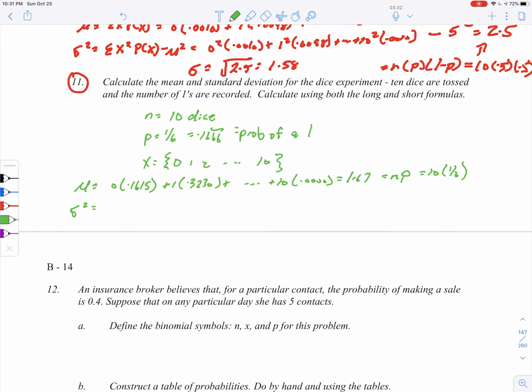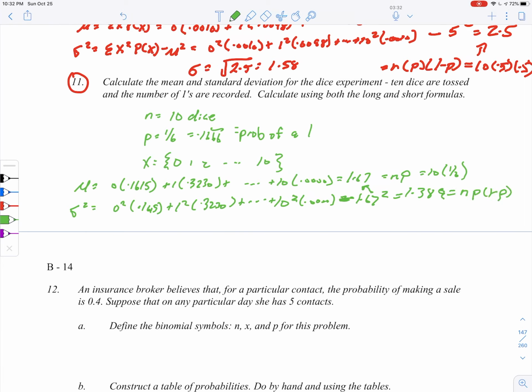The variance is equal to 0 squared times 0.1615 plus 1 squared times 0.3230 all the way up to 10 squared times 0.0000, minus the mean squared, 1.67 squared, and that comes to 1.389, which is just n times p times 1 minus p.